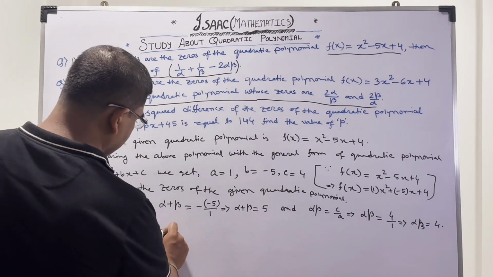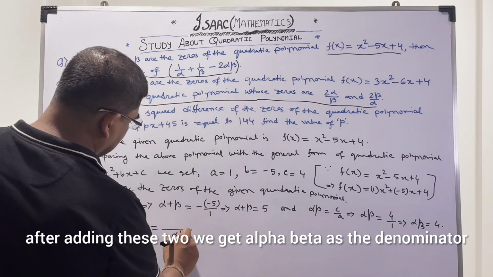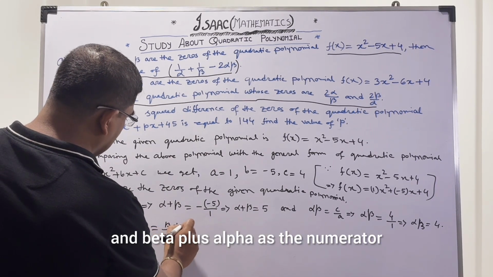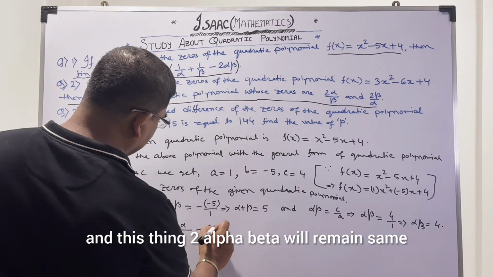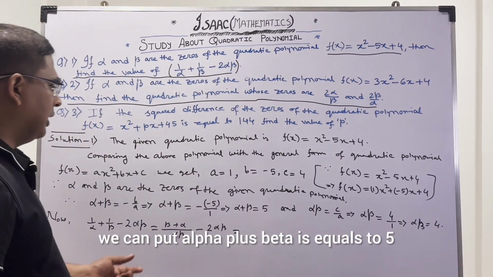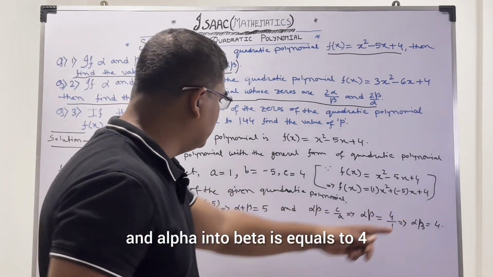So after adding these two, we get alpha beta as the denominator and beta plus alpha as the numerator, and this term 2 alpha beta will remain the same. Now we can put alpha plus beta equals 5 and alpha into beta equals 4.